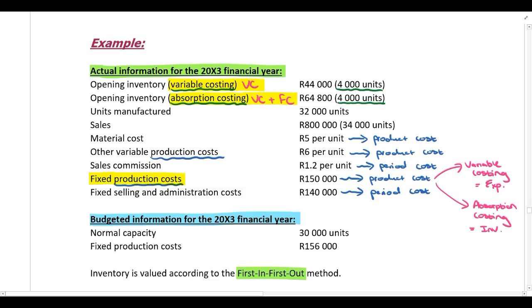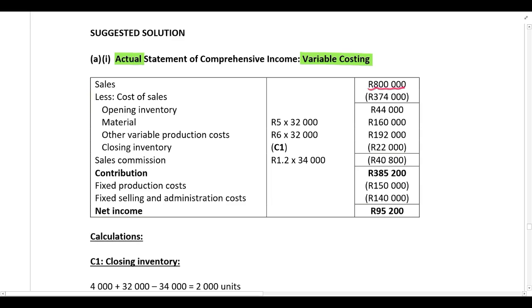We always start with sales. No calculation necessary over here. We were given sales of 800,000 Rand, so that's the starting point in your calculation. We then deduct cost of sales. And please note, because we are using variable costing, we only deduct variable production costs, because only variable production costs are going to be included in the cost of inventory.